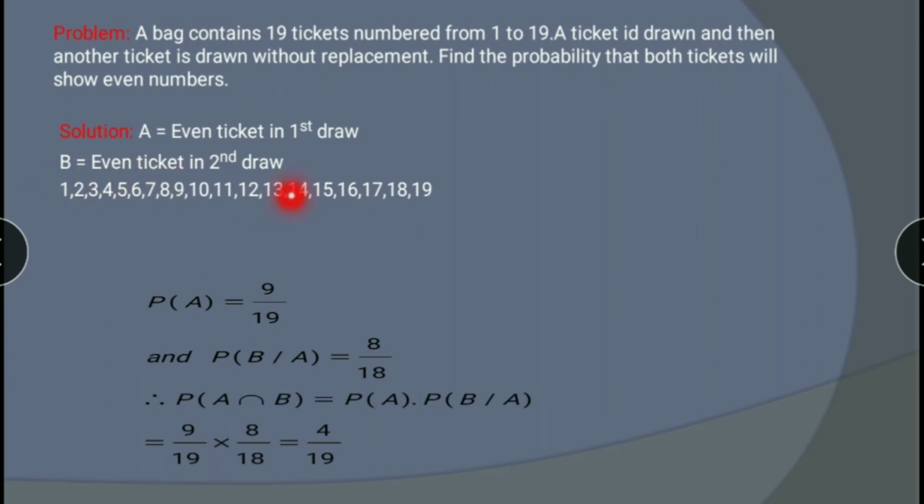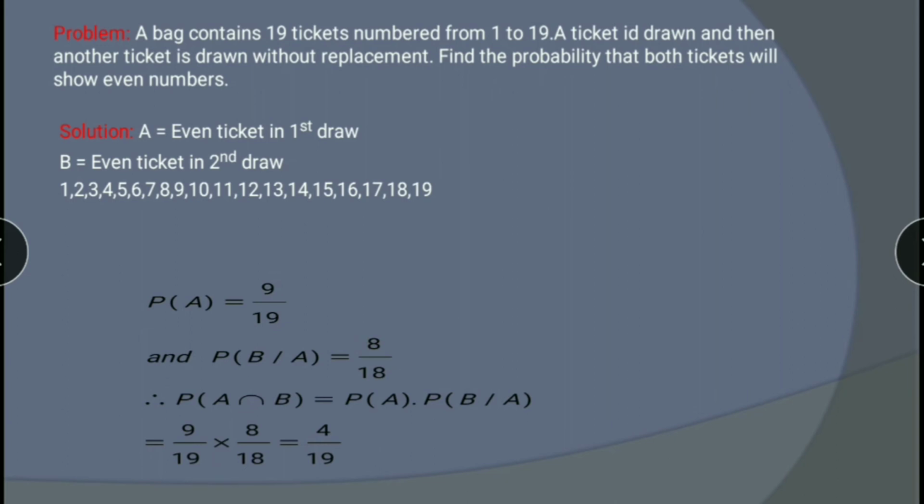Otherwise they were 19, but in the first draw we have taken out 1, so remaining will be 18 only. So probability of B given A will be 8 upon 18, and in first draw we have already taken an even number outside, so number of even numbers will also reduce to 8.